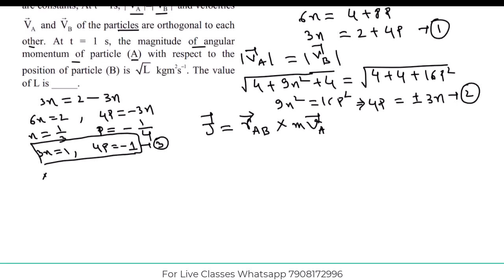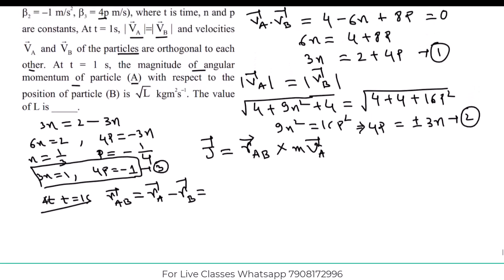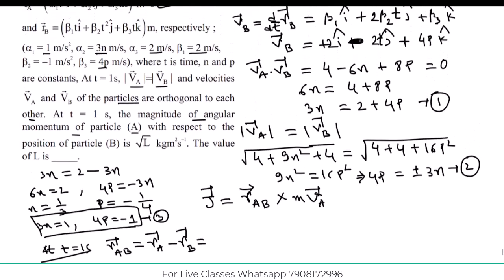So at t equal to 1 second, r_AB is equal to r_A minus r_B. Now r_A and r_B are given.